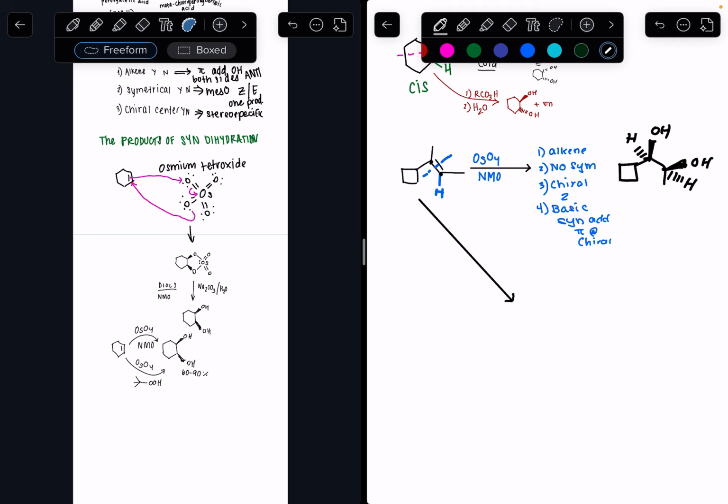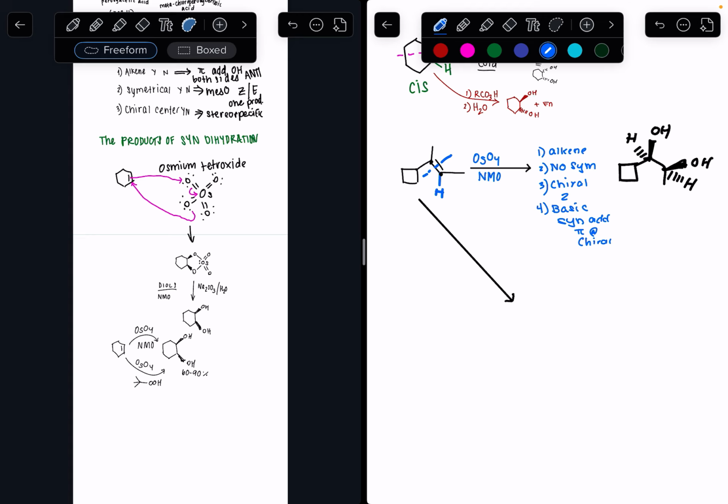Well, it actually should be flipped. So this was one thing that will help keep you organized. You're going to have an H here.